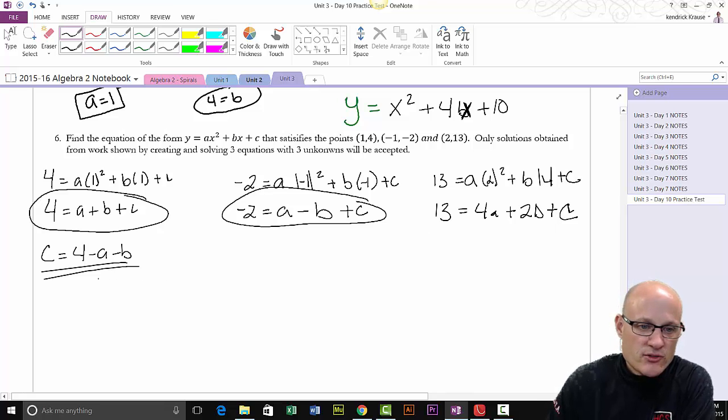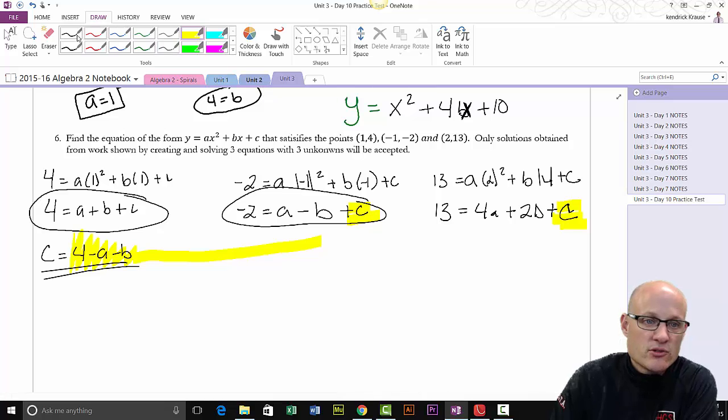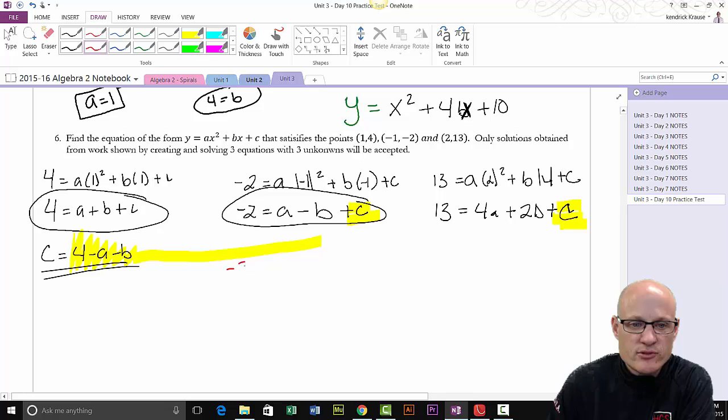All right. So remember, we've got to get rid of one of the letters, and we're going to get rid of c, and we're going to put it in for c. So what I get is, too much red, negative 2 equals a minus b plus 4 minus a minus b.